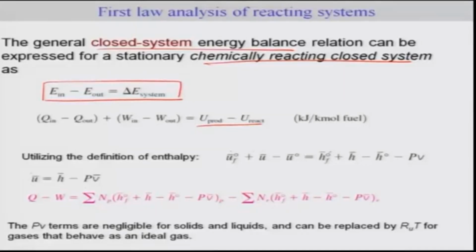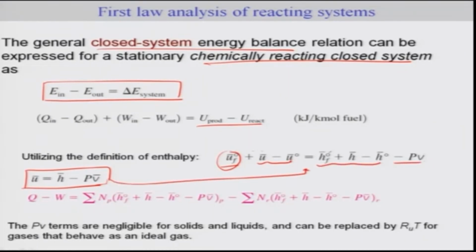One can make use of the relation of the internal energy with enthalpy, where the bar represents per unit mole, and rewrite this expression. So we rewrite this expression of u_f. u_f is the internal energy of formation at the reference state plus the change in the internal energy with reference to the reference state, which is nothing but this minus this. This comes directly from this relation.